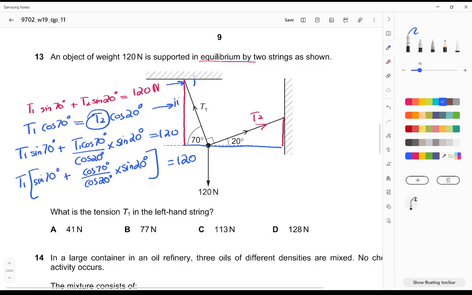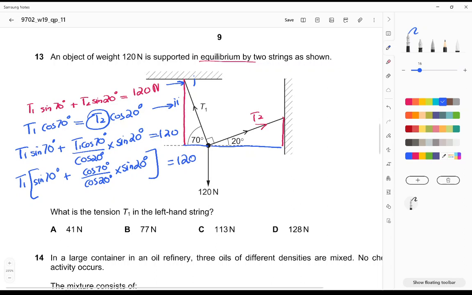So I took T1 as common, and let's look at this again: sine 70 plus cos 70 divided by cos 20 multiplied by sine 20.